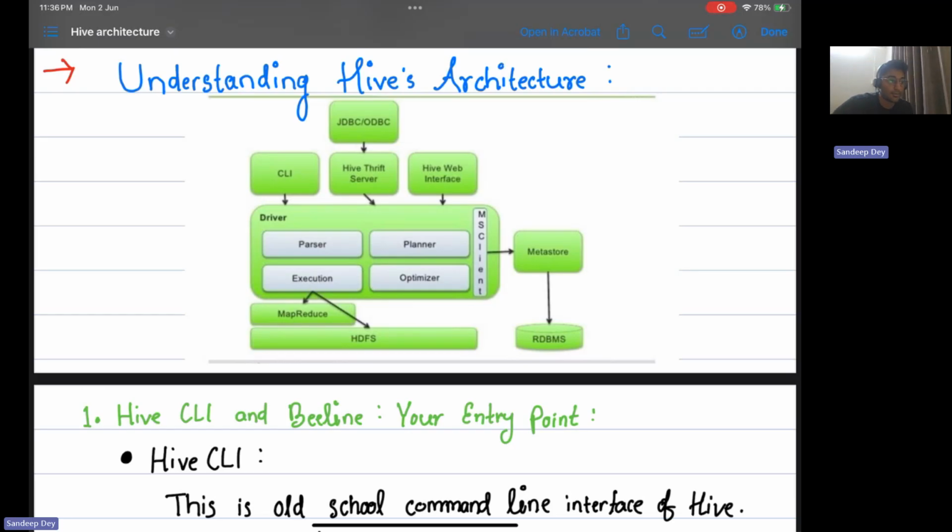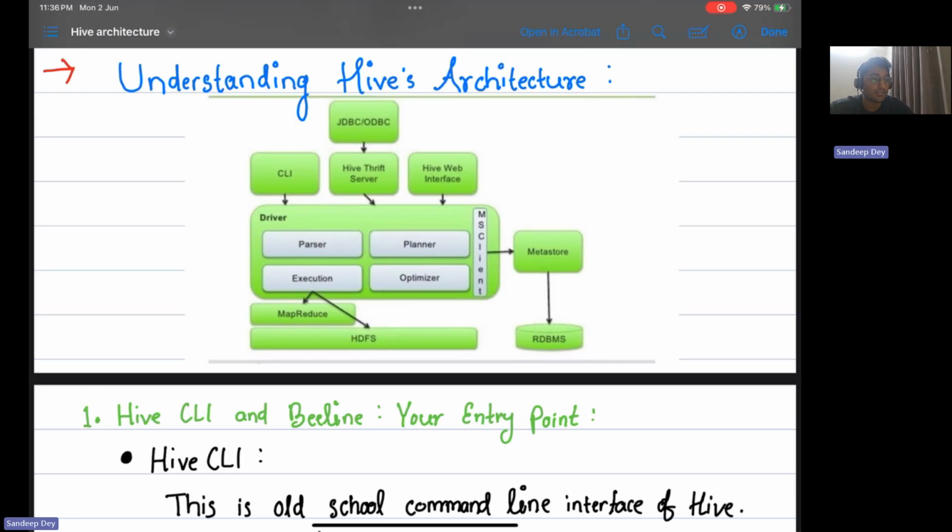Next is HDFS, where your data lives. HDFS stands for Hadoop Distributed File System, and it's where Hive stores the actual data for your tables. It's designed to handle large volumes of data across many machines, providing fault tolerance and high speed access.